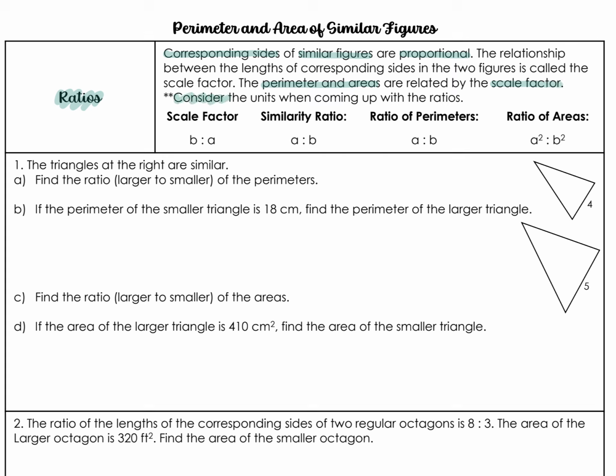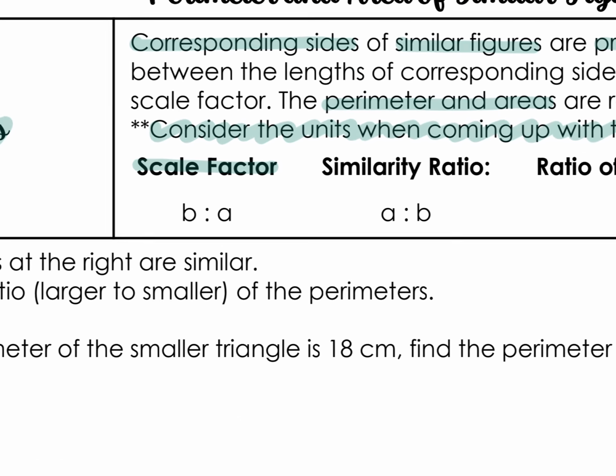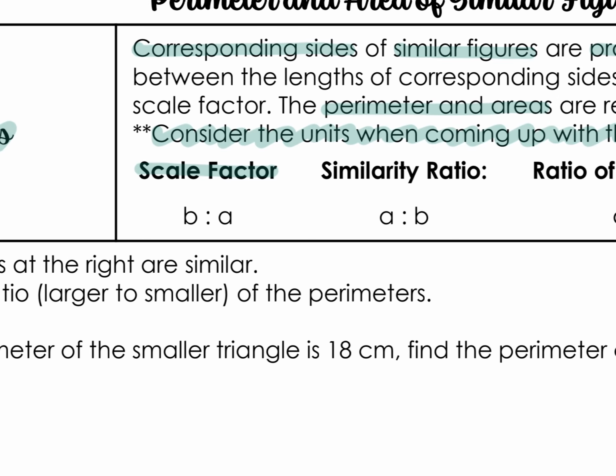Consider your units when coming up with the ratios. We'll talk about what that means here in a second. So we have our scale factor, which is going to be B to A. And if you recall from our similar triangle unit, we talked about scale factor being our new divided by our old.